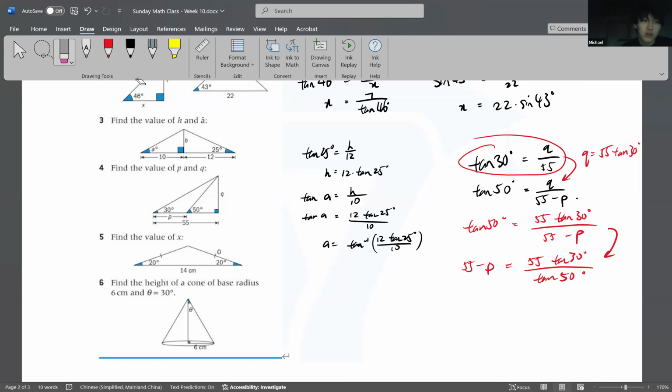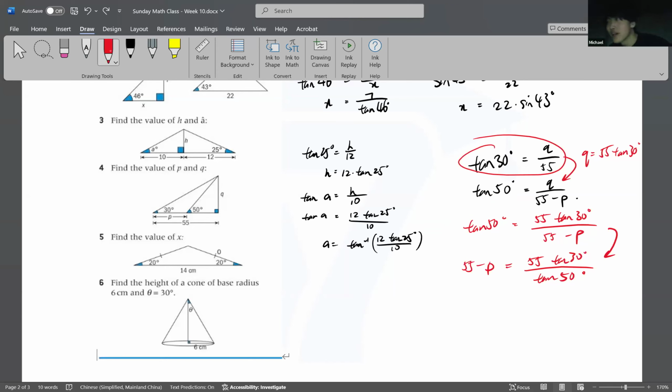No, so look at the difference between this step and this step. I swapped these two, right? Why can I do that? 55 minus P is to find out the adjacent, right? No, I don't think you get what I'm asking.